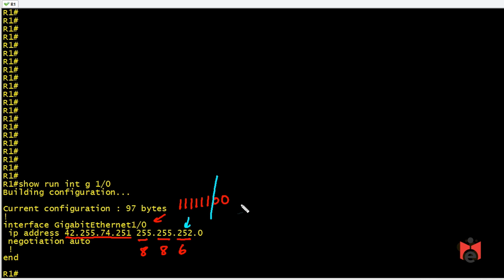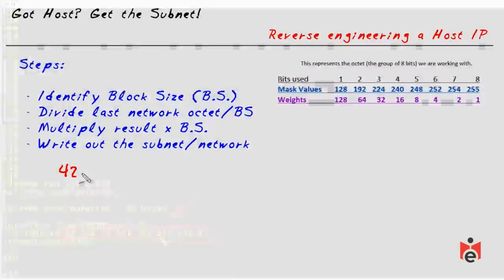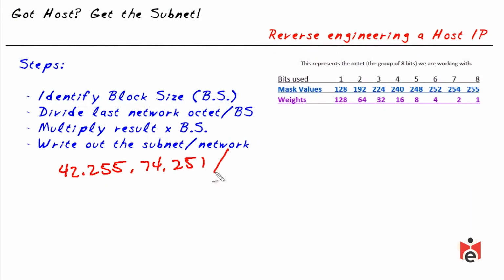What if we're given an IP address like this, that's sitting on some subnet, and we are asked to reverse engineer it and determine from that IP address what the actual subnet is that this client is sitting on? So as we look at where we're slicing and dicing, we know that the first 2 octets for sure are all the network address.